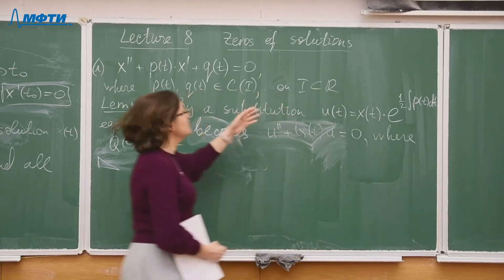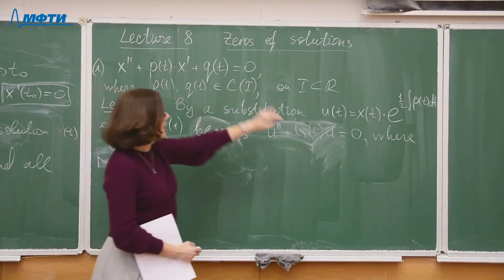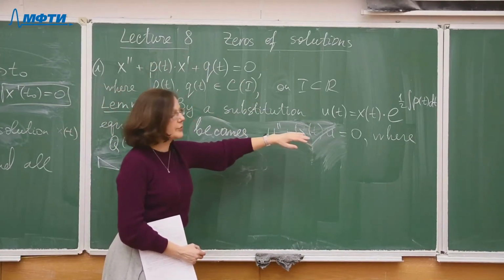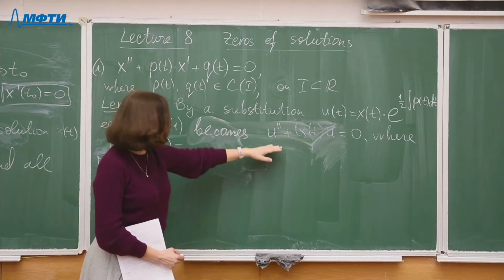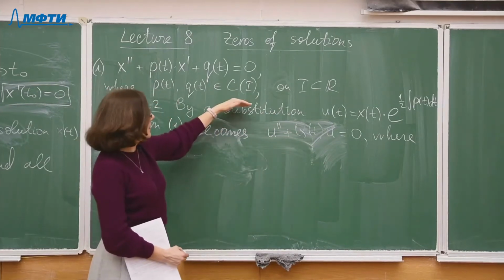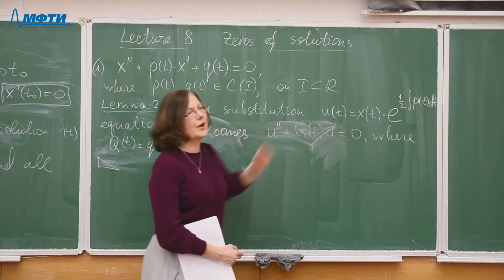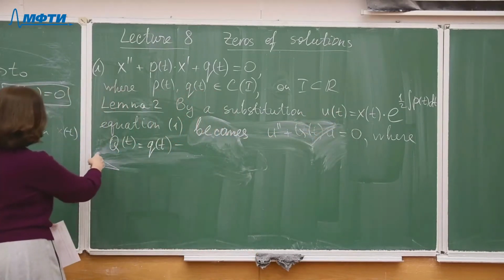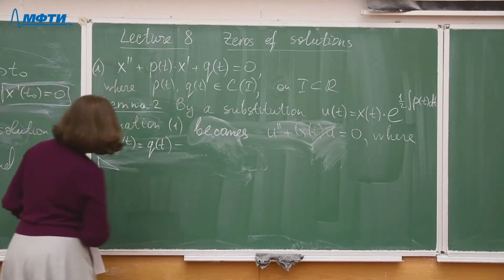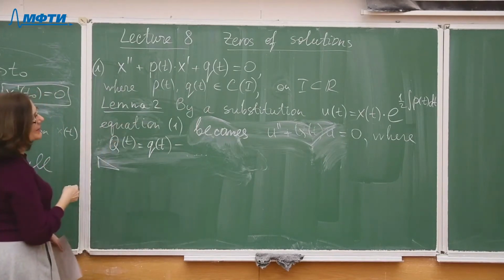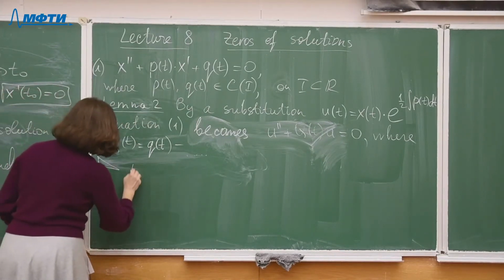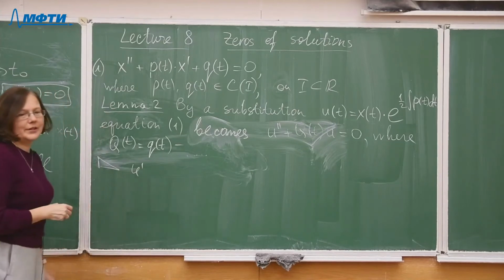We will simplify our equations to the equations without the second term, and this substitution preserves the zeros of our function.